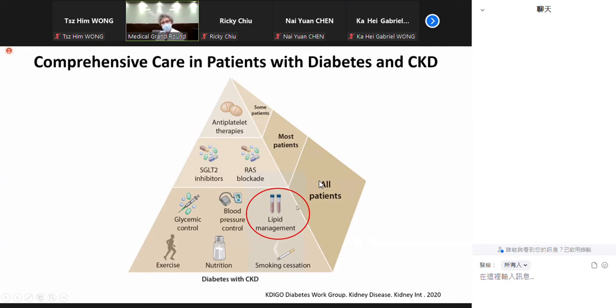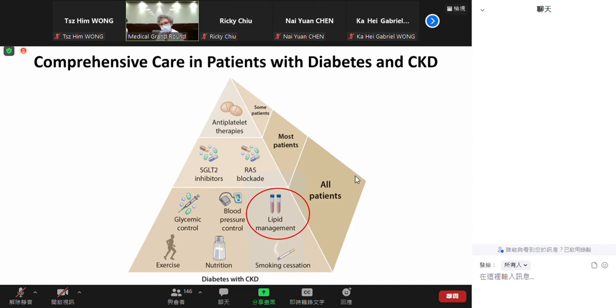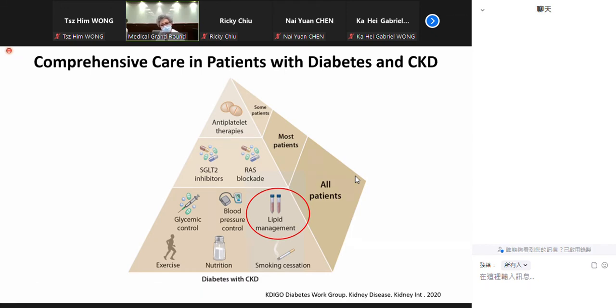Indeed, our own experience is that if you can manage these patients by reducing all these risk factors, and not forgetting lifestyle modification, you can slow down the rate of decline of eGFR quite dramatically, from 4 ml per minute per year to, for example, 1 ml per minute per year, and thereby delay the requirement for dialysis. But of course, that requires a lot of careful drug management, lifestyle advice, and frequent monitoring.